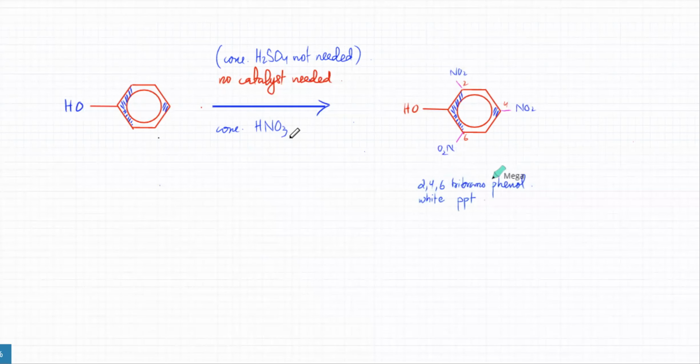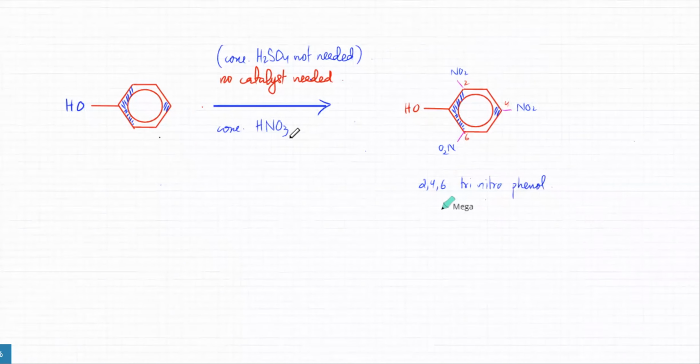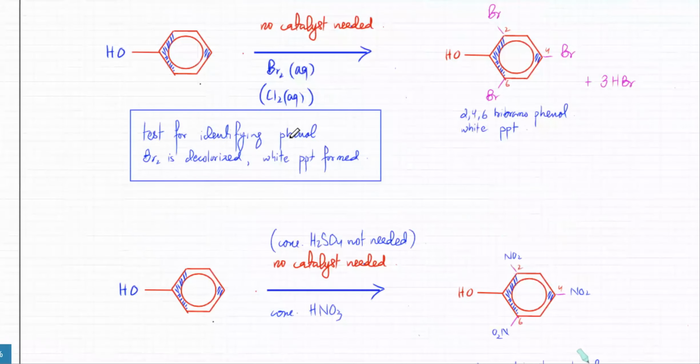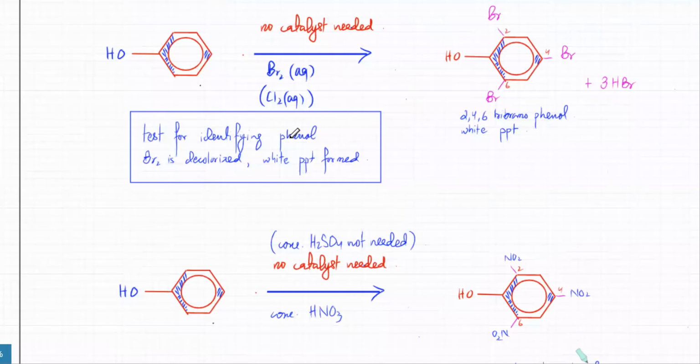So let me change this. Everything kind of remains the same. Again, no catalyst is needed. This one is not a white precipitate, so we can leave that. So that's trinitrophenol.